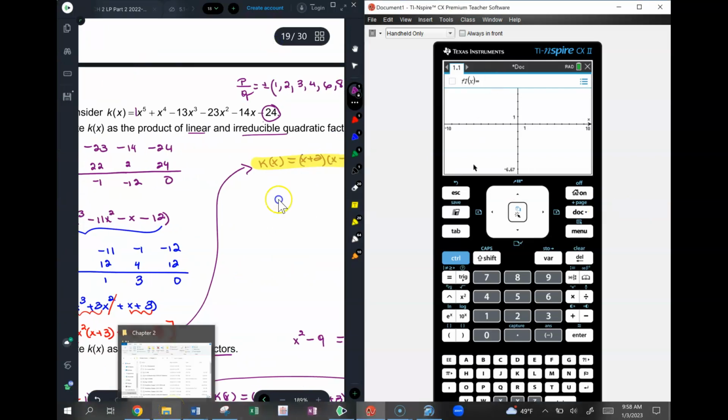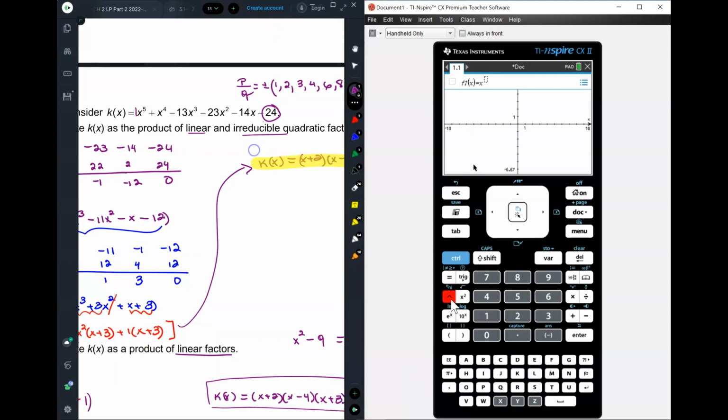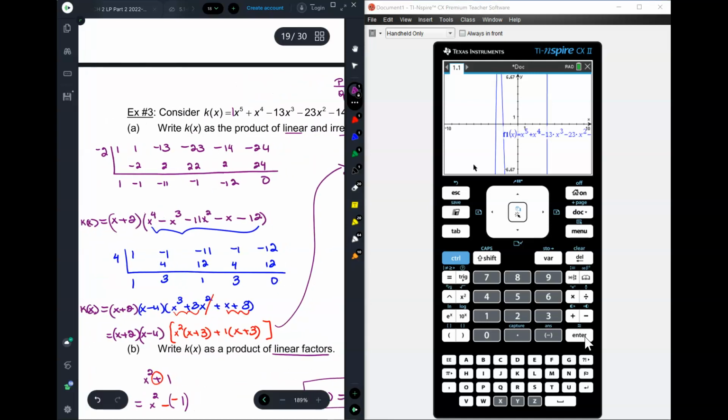So you get x to the power of 5 plus x to the power of 4 minus 13x to the power of 3 minus 23x squared minus 14x. Okay, graph this. Do you see all the zeros? Where are there zeros? At -3, -2, and 4. So just pick one of them. I happened to pick -2.